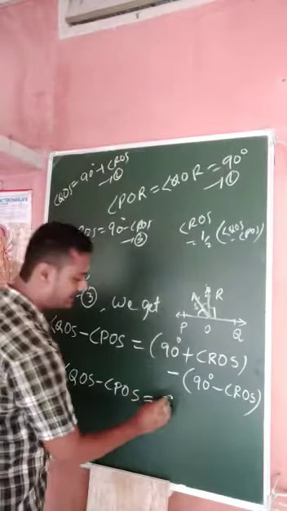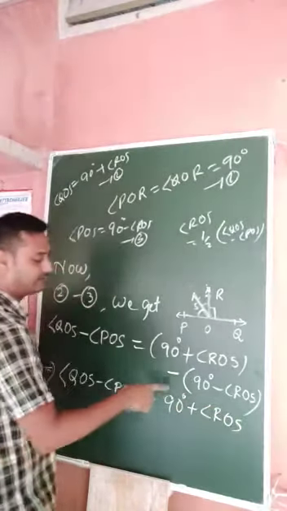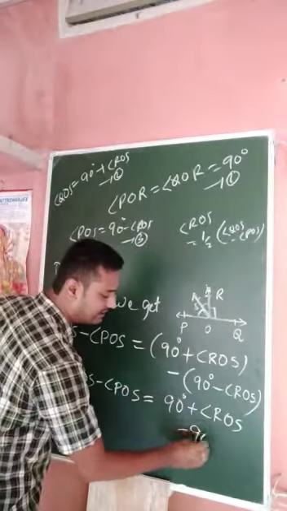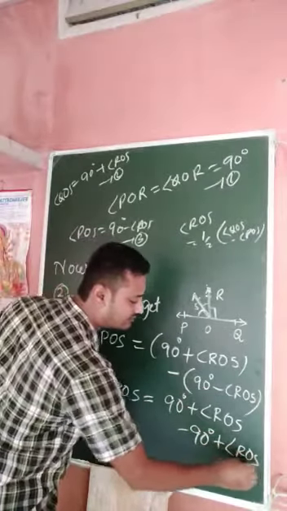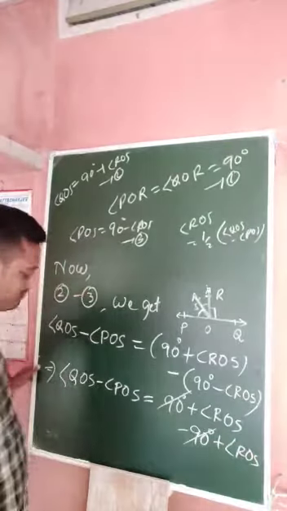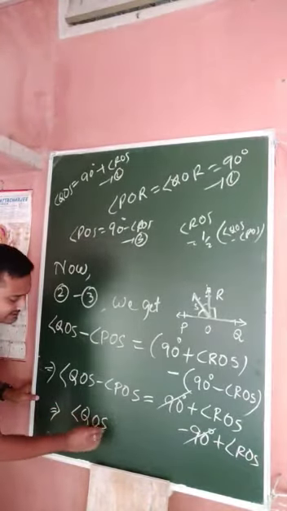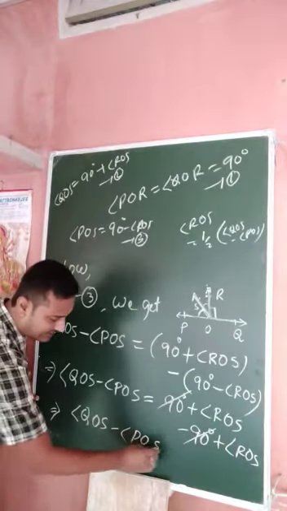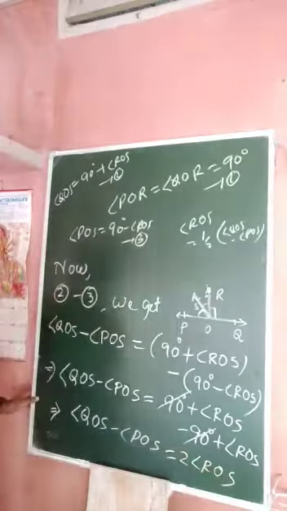You just remove the bracket: 90 degree plus ROS, minus into plus, so minus 90 degree, minus into minus becomes plus, so plus ROS. So 90 degree cancels. That means angle QOS minus angle POS is equal to 2 angle ROS.